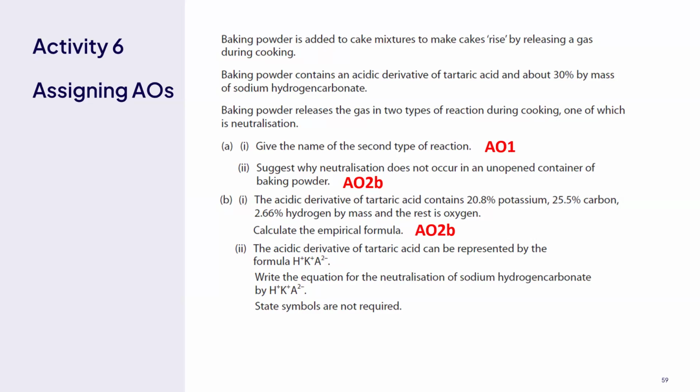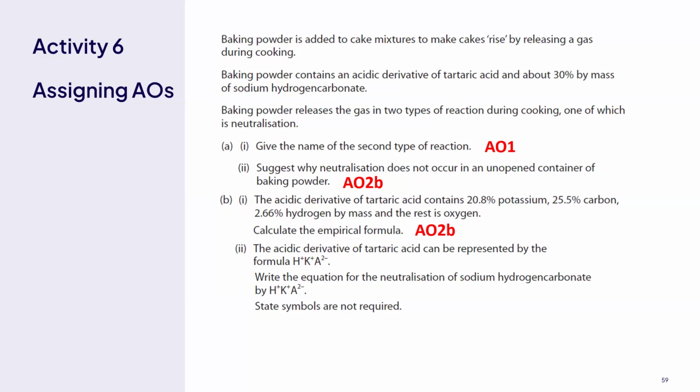And last but not least, write an equation for the neutralization of sodium carbonate by HK plus A2 minus. You've got to ask yourself the question, is this an equation that is straightforward and simple, in which case it's AO1, or is it a very complicated equation, in which case it would be AO2A?